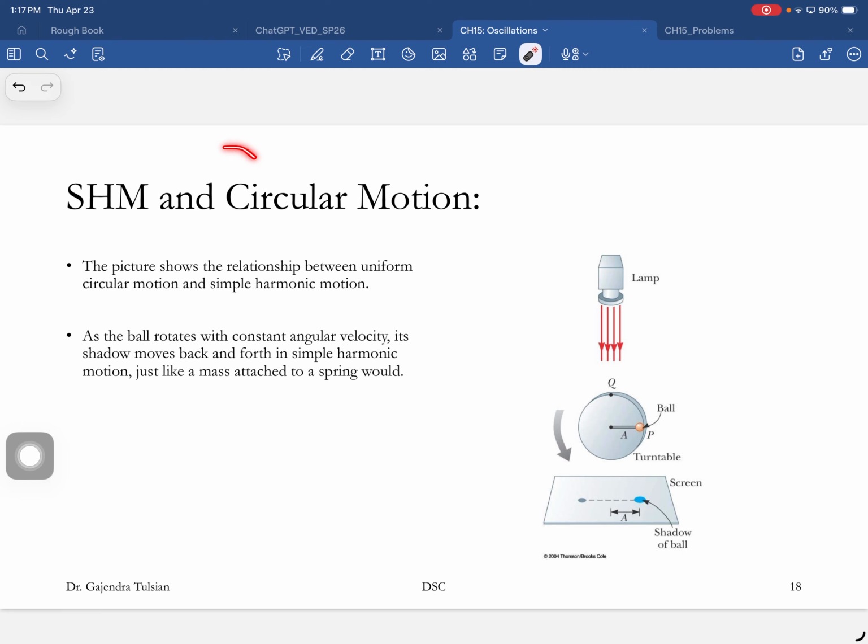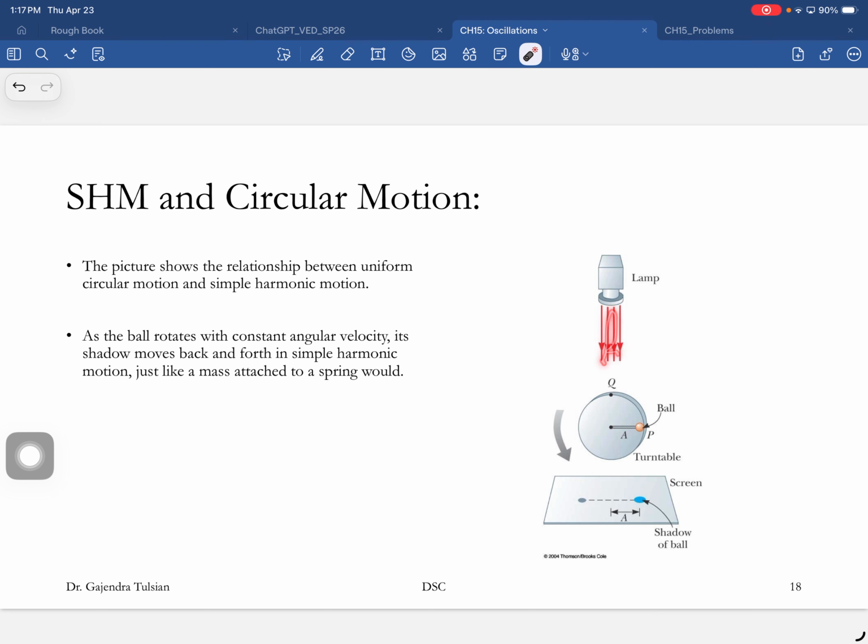All right, now we've studied simple harmonic motion. It turns out that simple harmonic motion is related to uniform circular motion. So you have a satellite going around in a circle at constant speed, here's this ball going around a circle at constant speed.